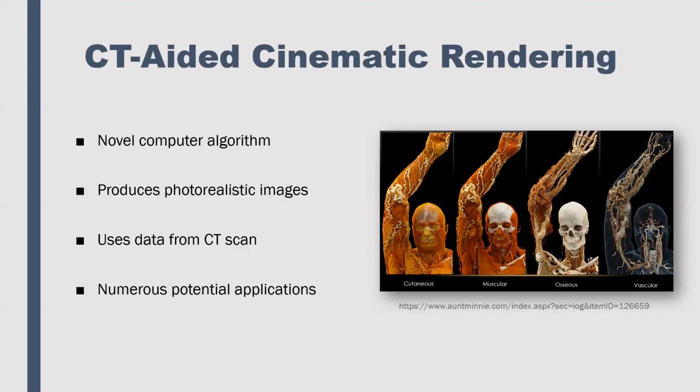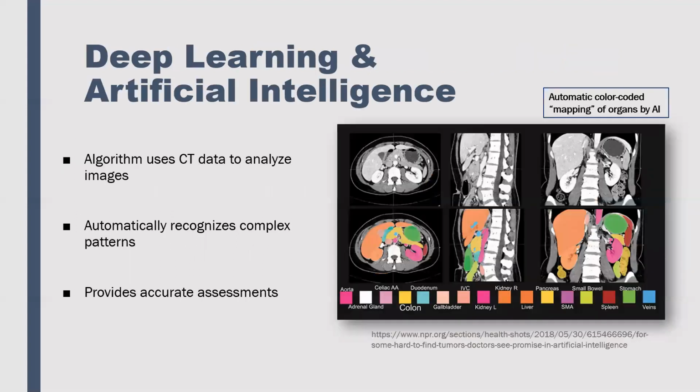The potential applications of cinematic rendering are numerous and varied, including medical education, communication among physicians and between physicians and patients, pre-surgical and pre-interventional planning, early disease detection, and better description and classification of injuries. While this algorithm is still novel, as computers become more powerful and accessible, these photorealistic CT scans may have the possibility to be seen in all hospitals.